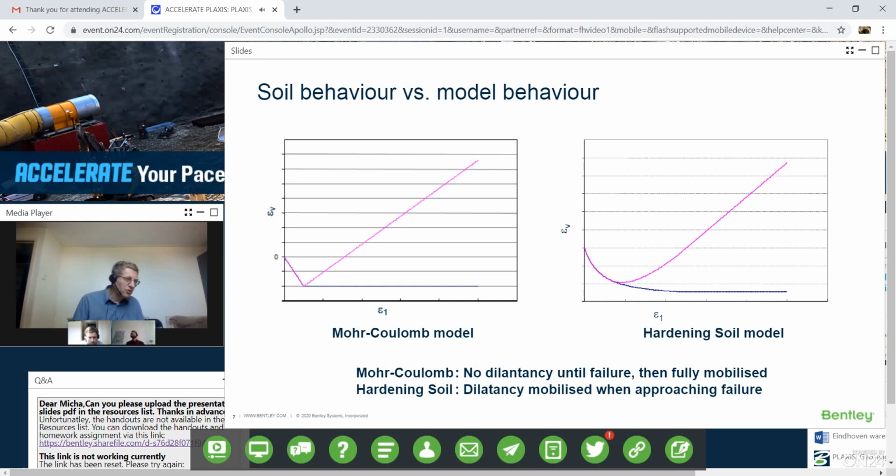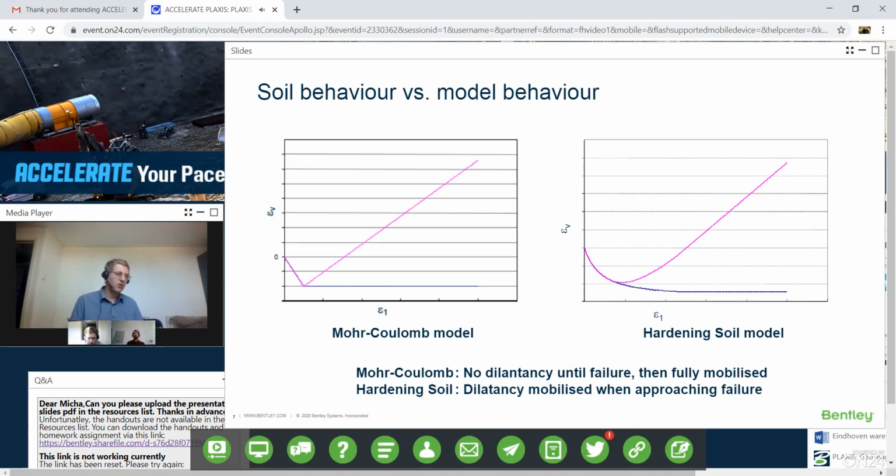Now, from the lowest point, we have two lines. It's a bit hard to see on this slide. We have a blue one going horizontal. That is in case I didn't specify any dilatancy. So then I reach the minimum volume at failure, and from that moment on, I generate shear strains, but no volume strains anymore. I just have shear strains. So I see a horizontal blue line, which I'm sorry is very hard to see.